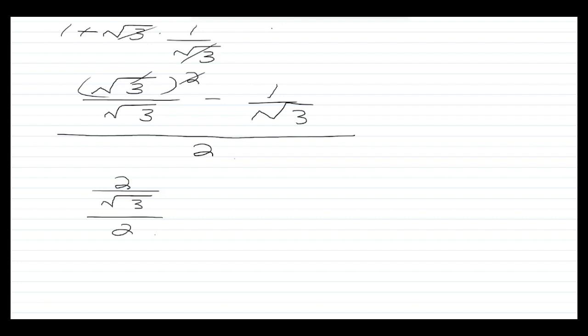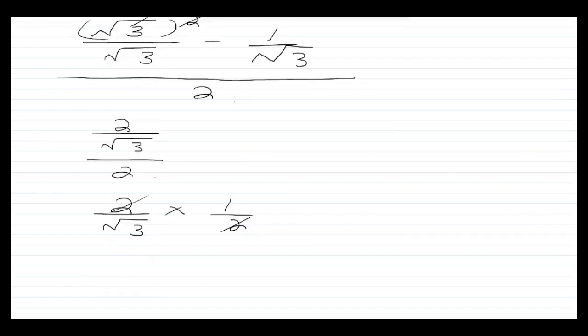So instead of 2, it will be 1 by 2. So we can write then 2 over under root 3 is multiplied with 1 by 2. So here 2 and 2 get cancelled with each other and we only get 1 over under root 3. So this will be our final answer.